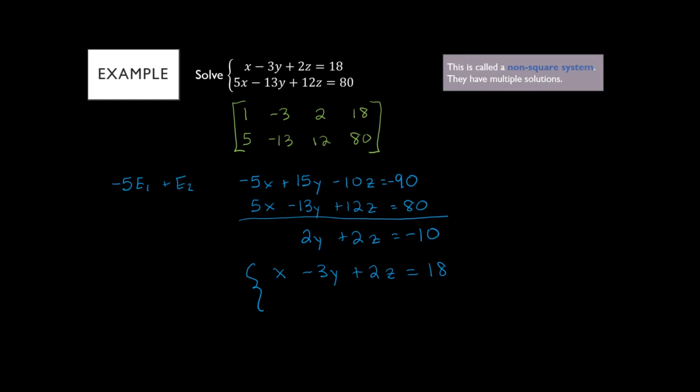And then we have 2y plus 2z equals -10. To put it in row echelon form, we need to divide that second equation by 2, so that way we have just y there.